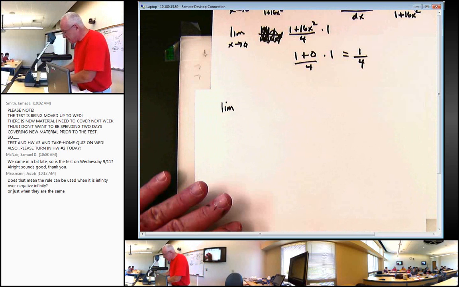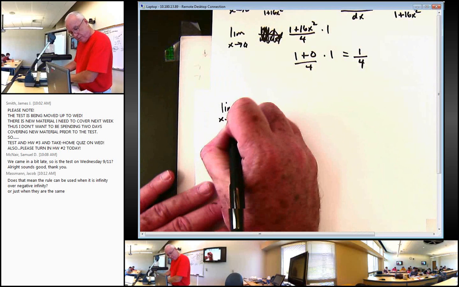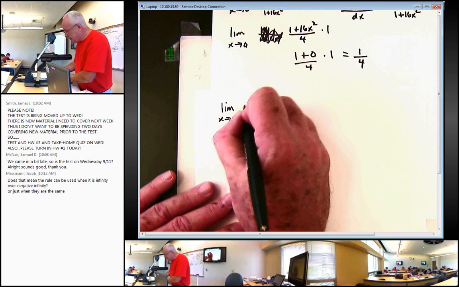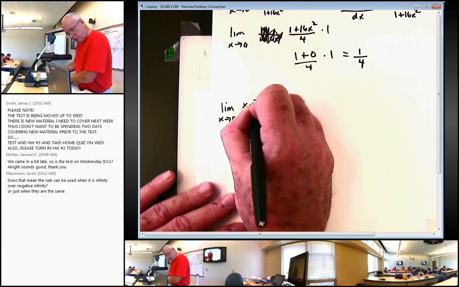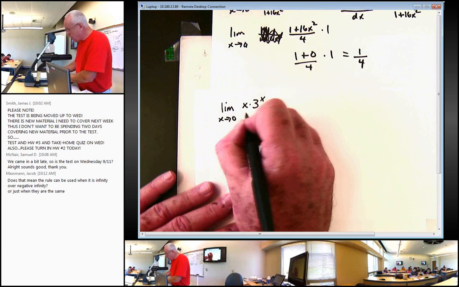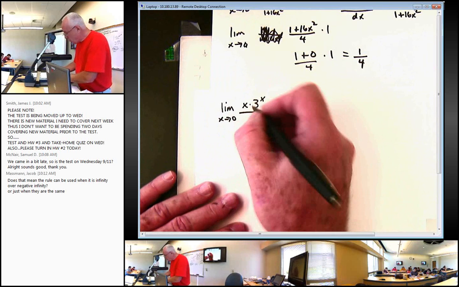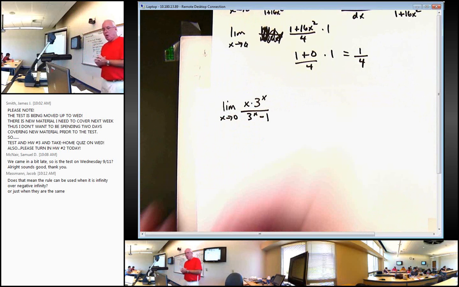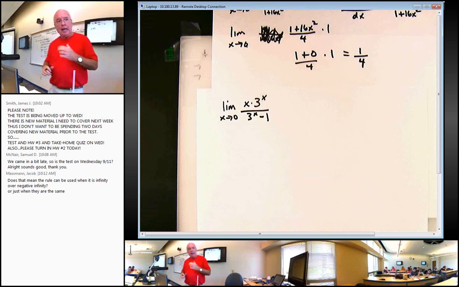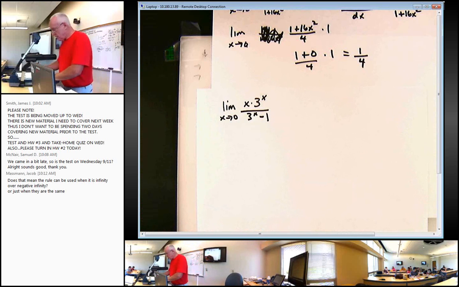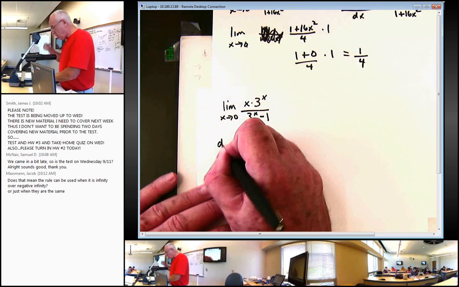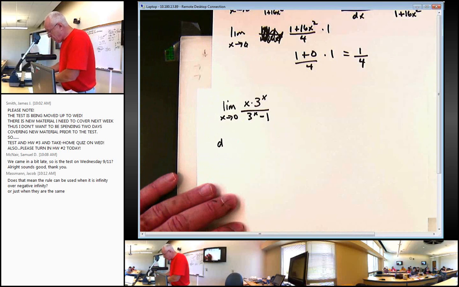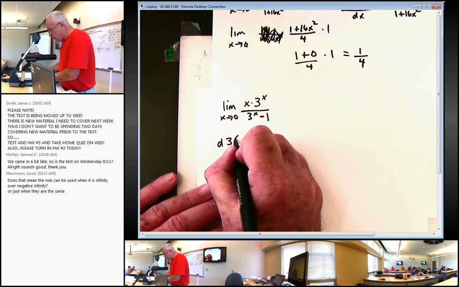The limit as x approaches 0 of x times 3 to the x power divided by 3 to the x minus 1. All right. Let's recall, shall we say, let's go down here and let's recall what the derivative of, say, 3 to the x equals.